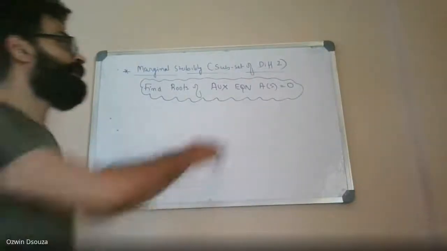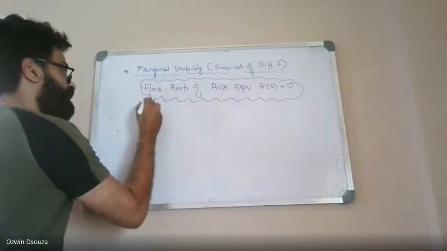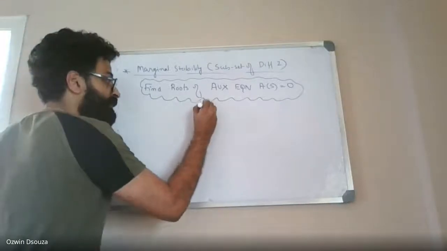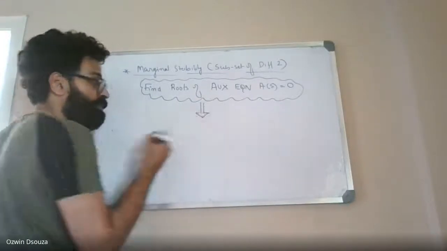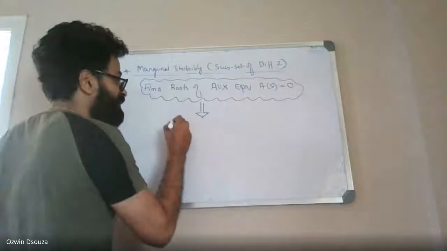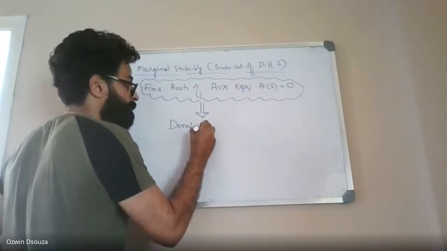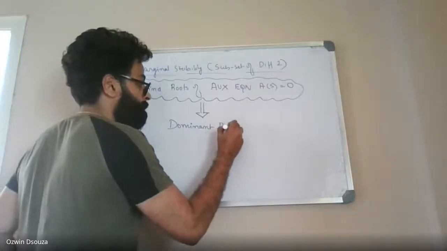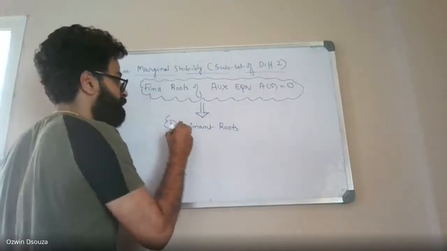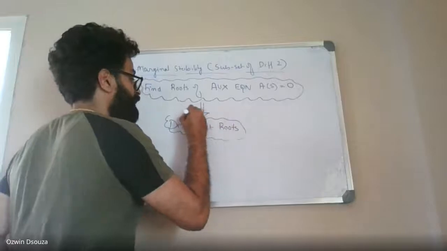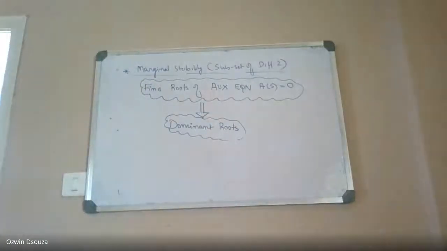That is, equate A of S to 0. Now, these roots in control system are called dominant roots.